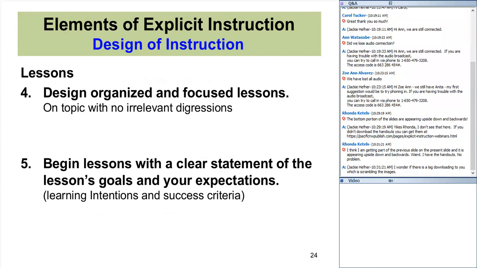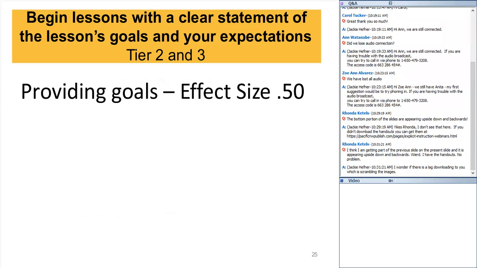Now, this is something that actually has a very, very high effect size, something as little as this. But in Hattie's work, providing the goal had an effect size of 0.50, with 0.40 being what we would consider acceptable in terms of effect size.